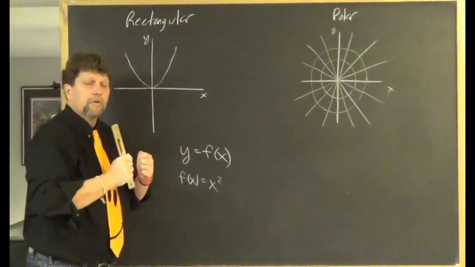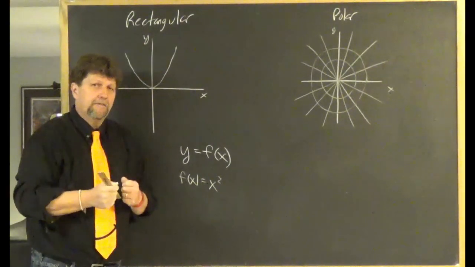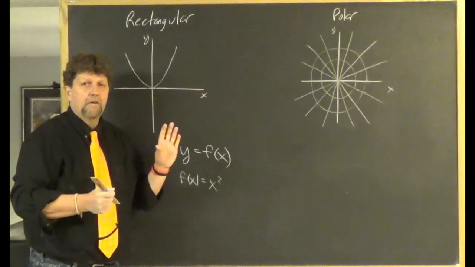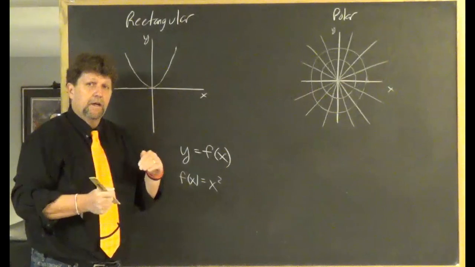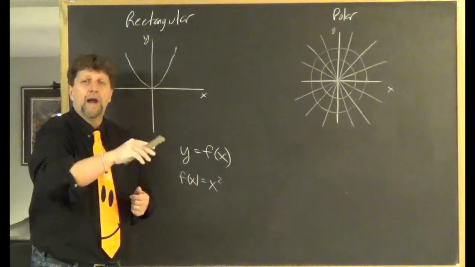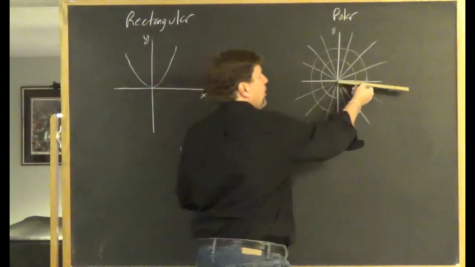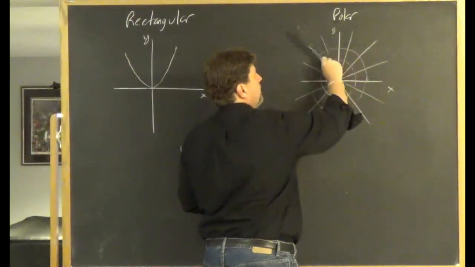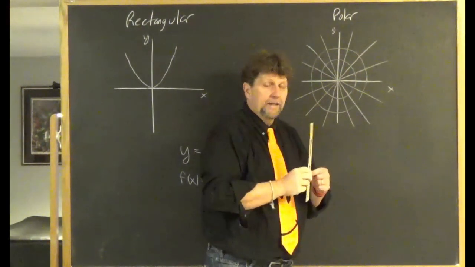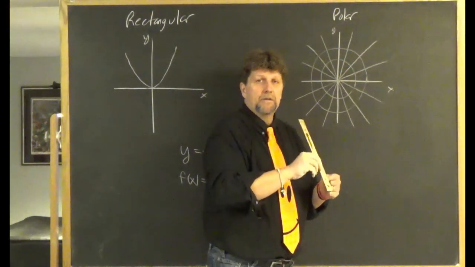The polar world requires you to think completely differently. The polar world is not a left-right world at all. It's not an up-down world at all. The polar world is predicated on the polar axis going around and around. That is not left-right. It's around and around.